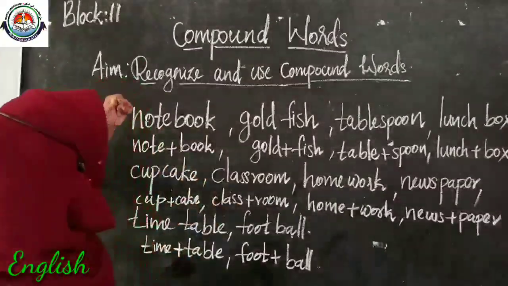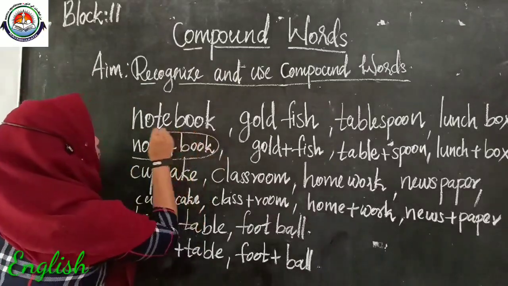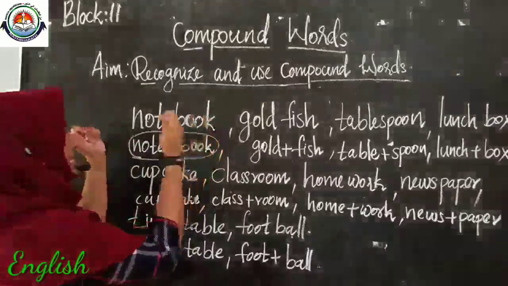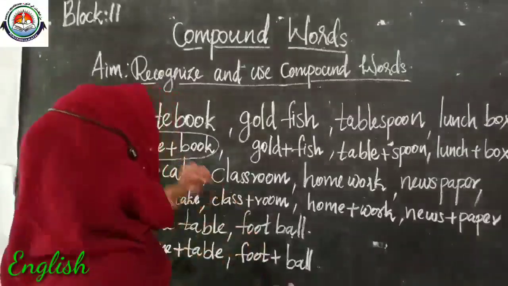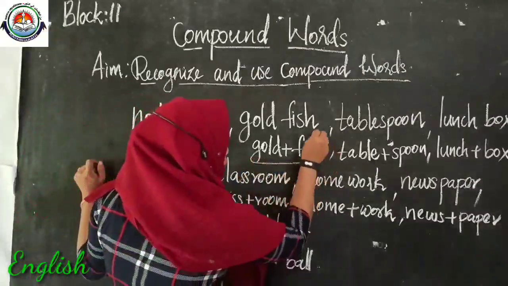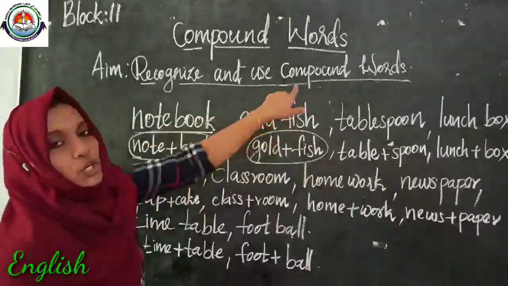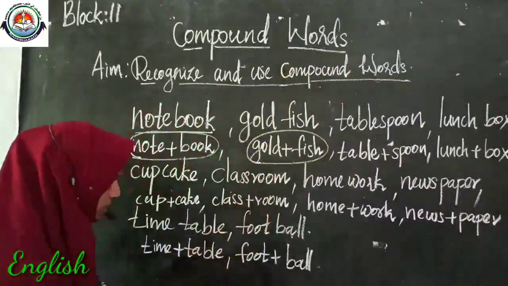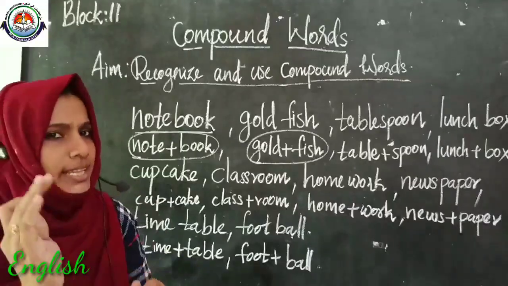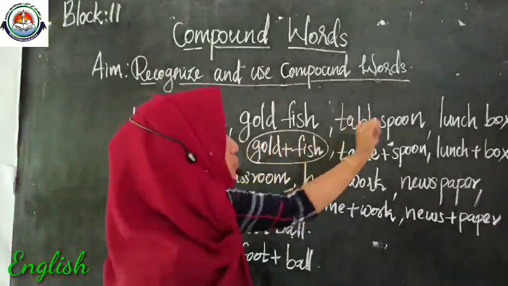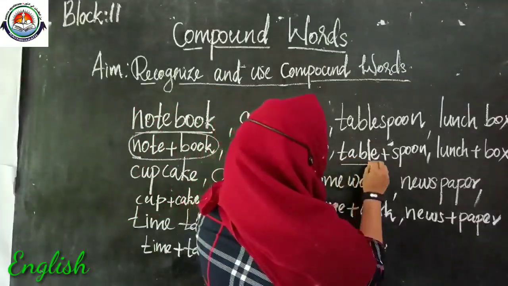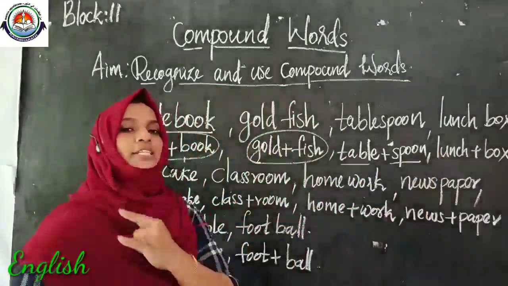Here we are adding two words like note plus book. By adding these two words, we get a new word, notebook. Then gold plus fish is goldfish. In all these words, we are adding two words. What about the meaning of these two words? We can divide these words into two parts, table and spoon.